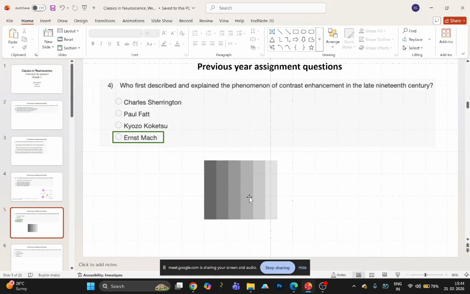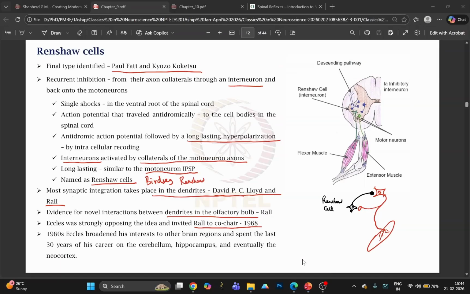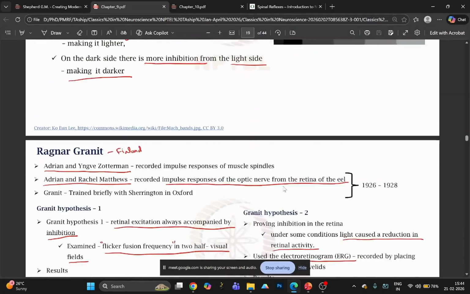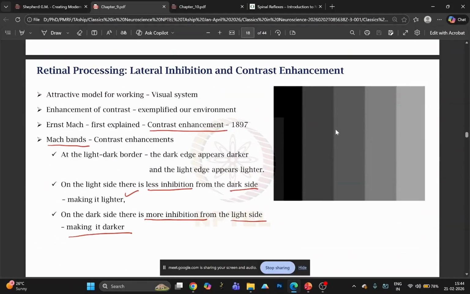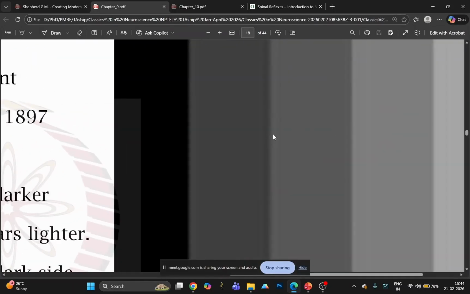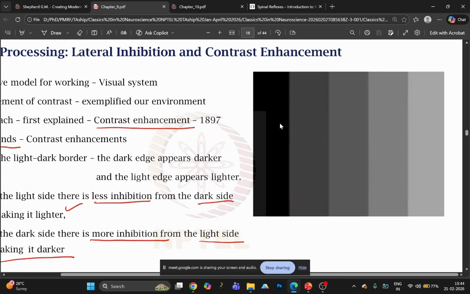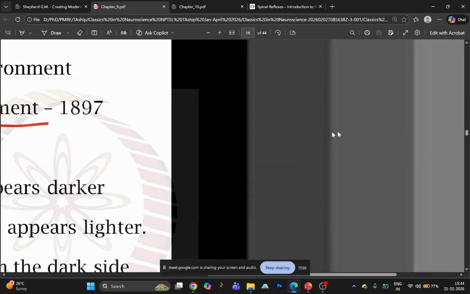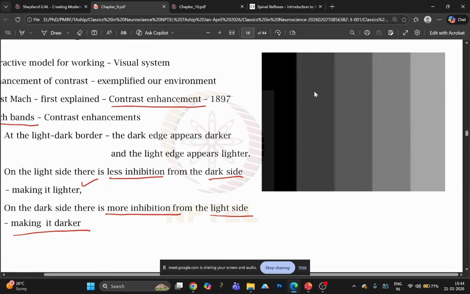And these bands are therefore called Mach bands, because he was the one who first described it. If you see here in the text also, whenever you see different color bands that are close together, the lighter band looks lighter at the edge and the darker band looks even darker at the edge.